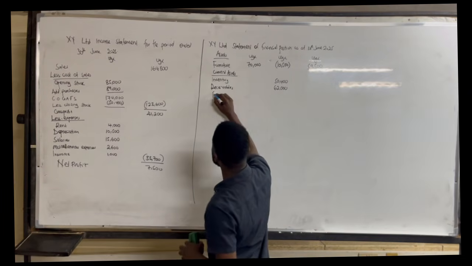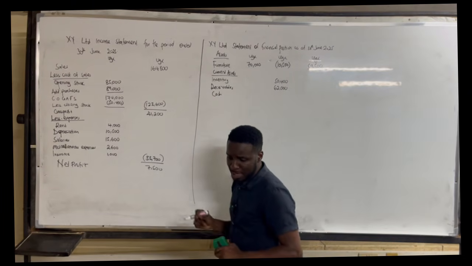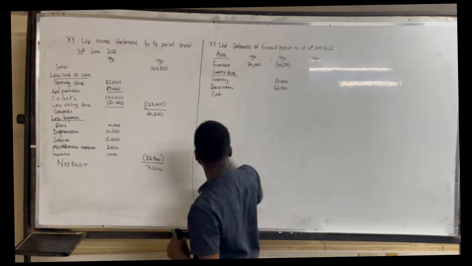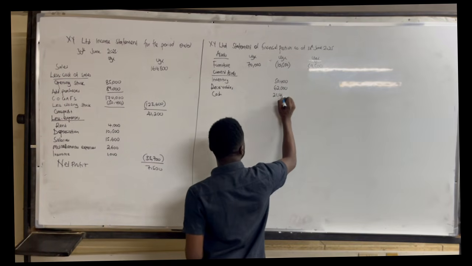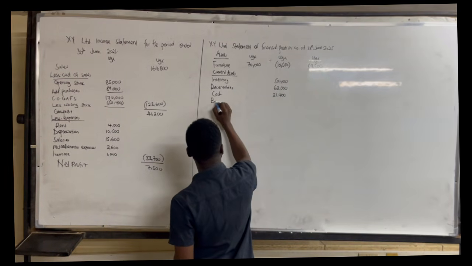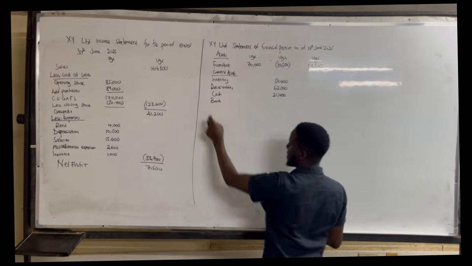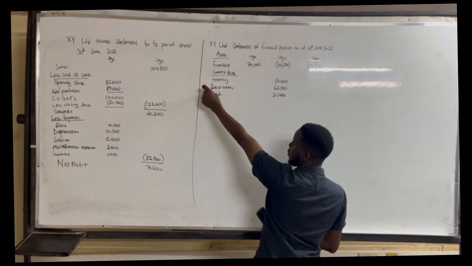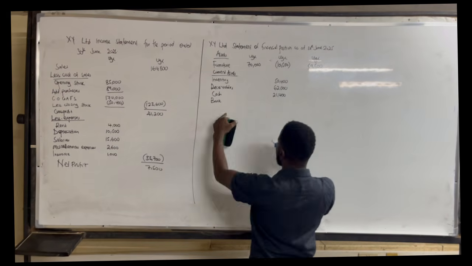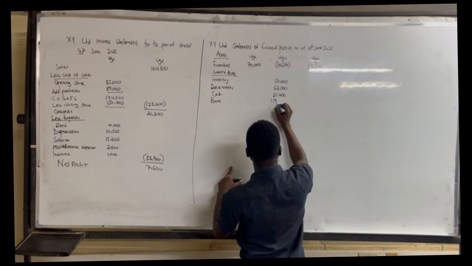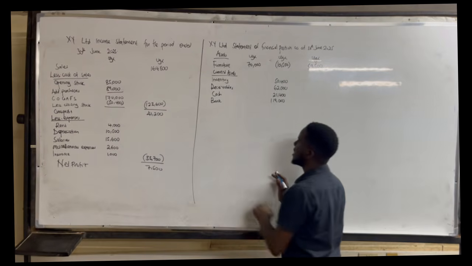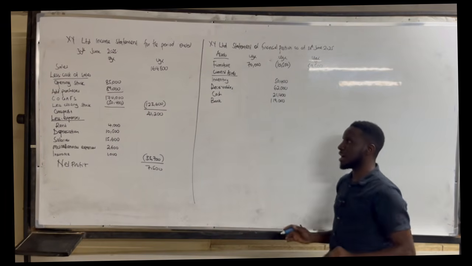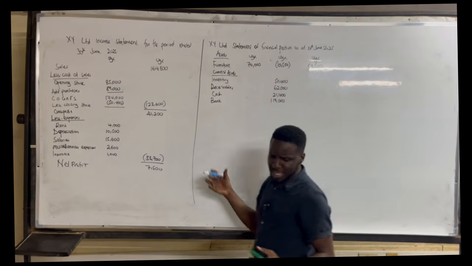So you have our cash. The cash balance was 21,400, and then our bank. Now these balances, cash and bank, are the balances that we got from the cash book. So the cash book had a closing balance of 21,400, and the bank had a closing balance of 119,000. So these were the balances that we are extracting from the cash book. And then this is all that we have.